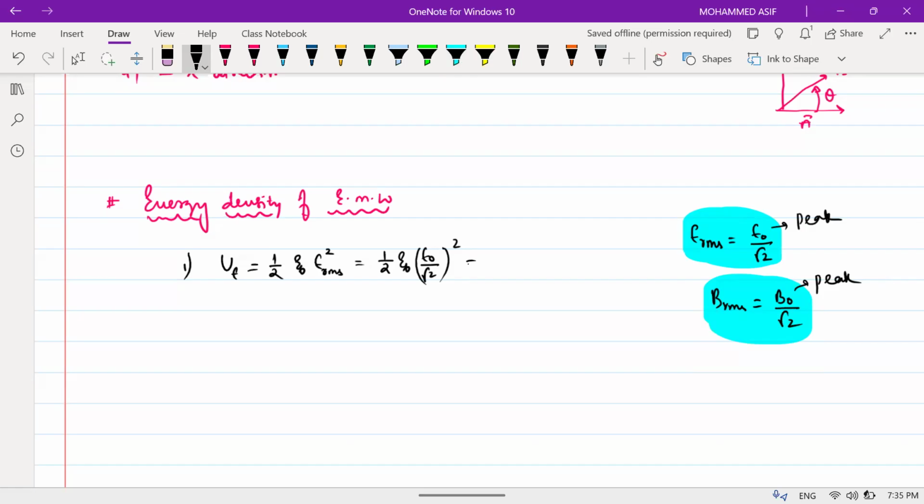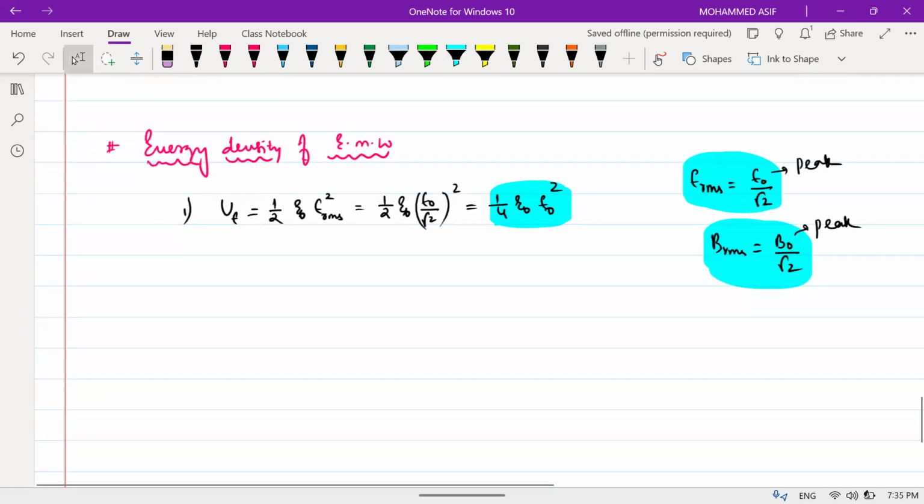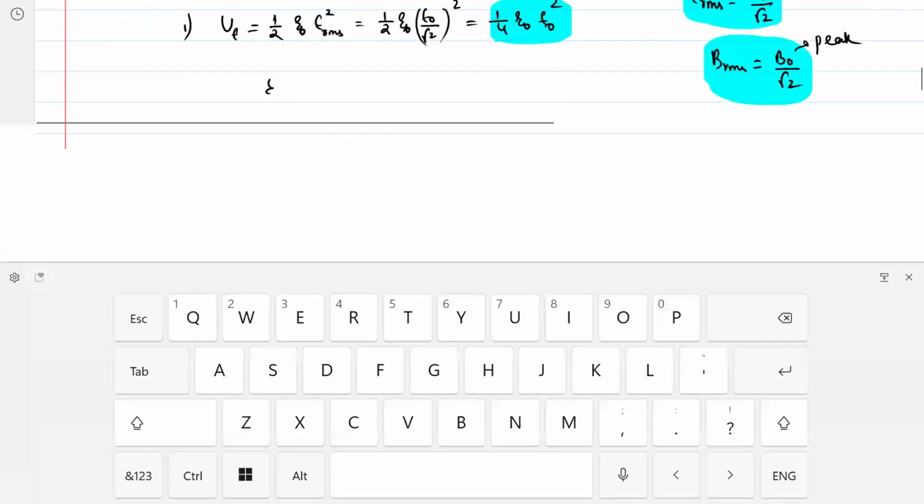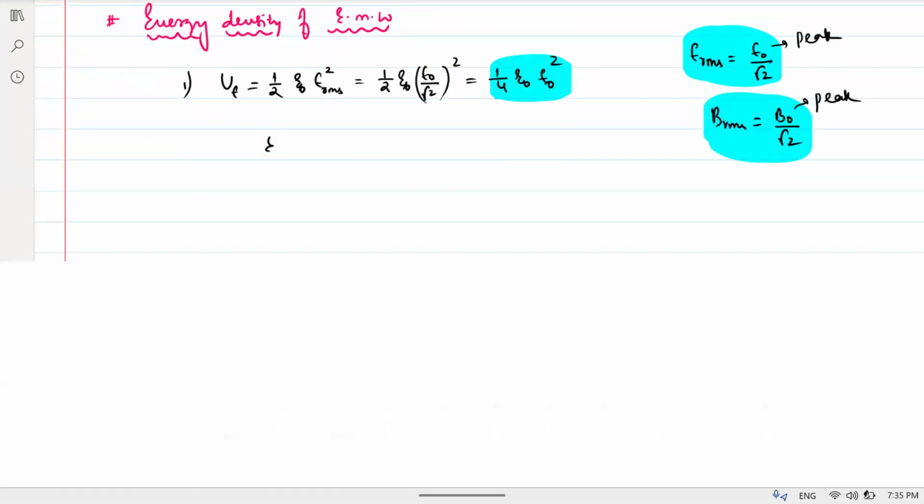So this value will be equal to 1 by 4 times epsilon naught into E naught square. This is the formula for the average energy density of the electric field. So I can write here, energy density will be equal to how much, beta? Energy density is always equal to energy divided by volume.